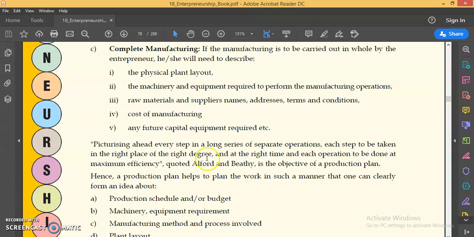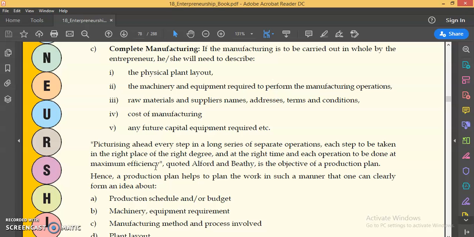Each step is to be taken in the right place, of the right degree and at the right time, and each operation is to be done at maximum efficiency. So for example, if I told you it's a biscuit factory, you should know if you're going to make 1,000 biscuits, Good Day biscuits with cashew and nuts, or Good Day biscuits with chocolate chips, or Good Day biscuits with milk powder and cheese. So each is of a different type, isn't it?